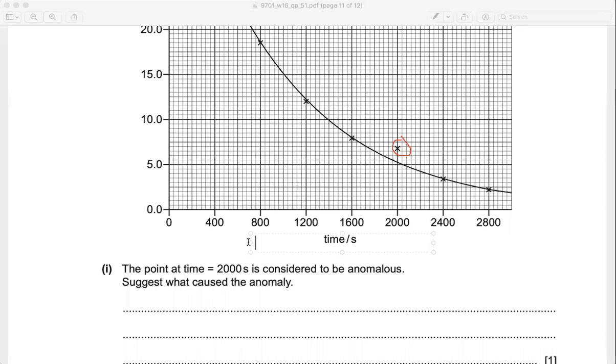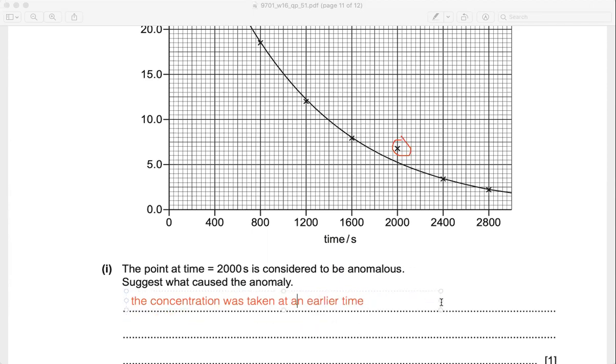Well, maybe the concentration was taken at an earlier time. Okay, maybe, you know, for whatever reason, we are not accurately reading the concentration at t equals 200.